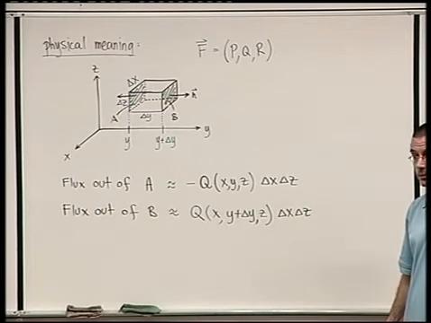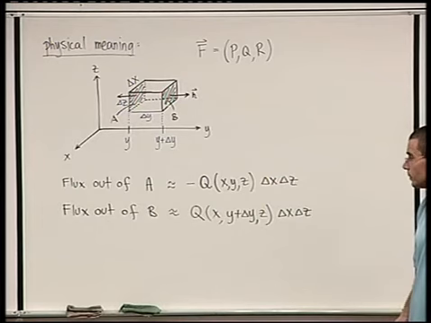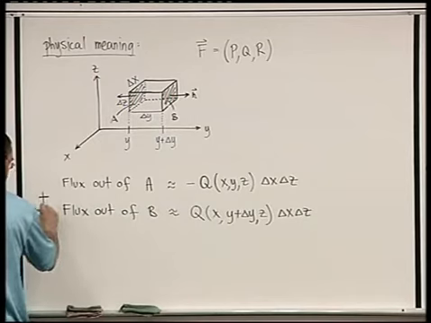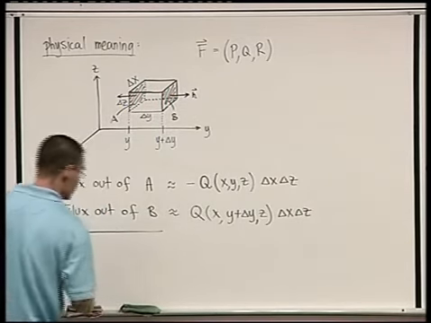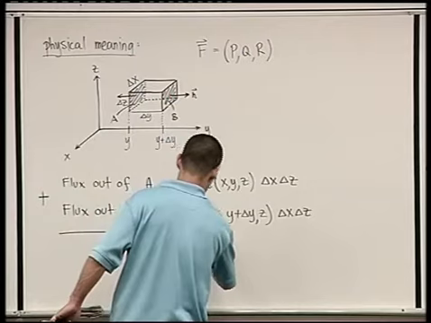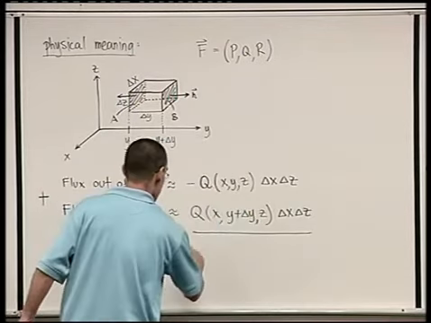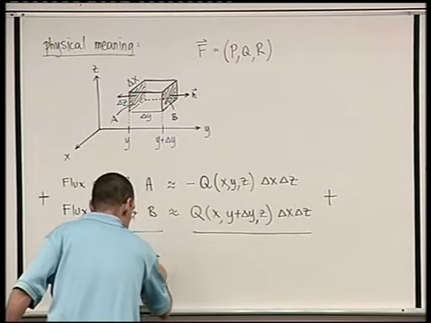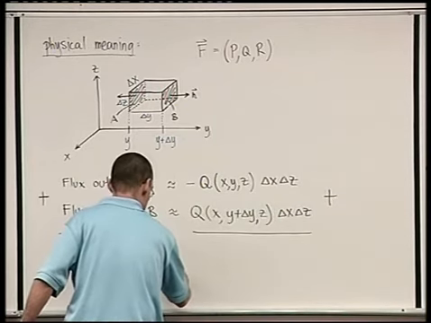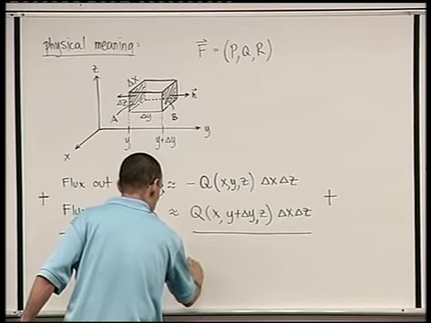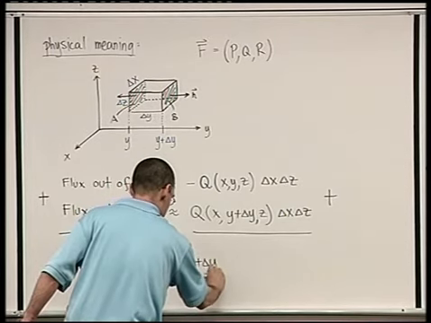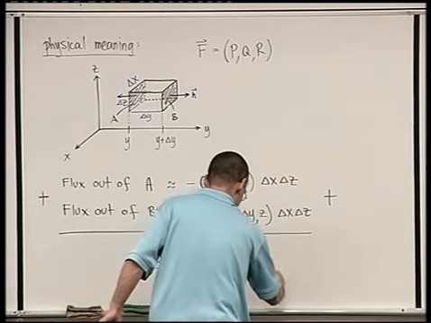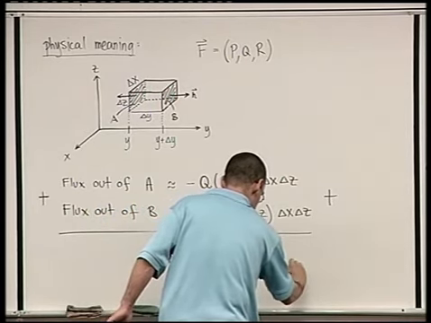Do you agree? Good? Clear? Okay. So combined, add these two up, we get q of x, y plus delta y, z, minus q at x, y, z.